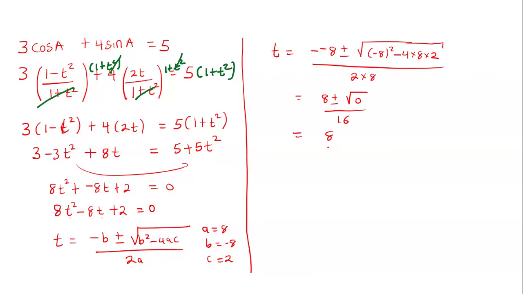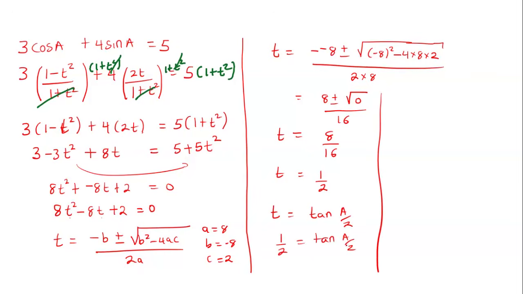So meaning you'll have 8 over 16, and our t will equal a half. Now remember, you have not completed, so you go back and say that your t was equal to tan of A over 2. That means where there is t, you put the value you have got. So here we shall have a half equals tan of A over 2.